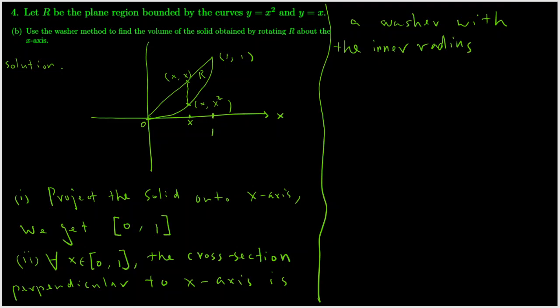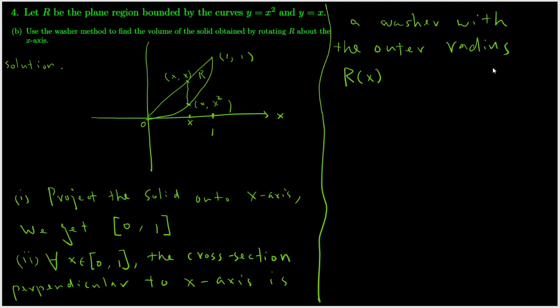I'm going to use lowercase r of x to denote the inner radius. Can we identify the outer radius first? It's probably easier. I'm going to use uppercase R of x to denote the outer radius.